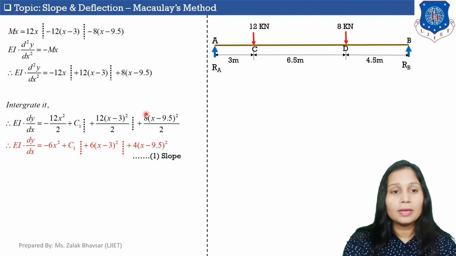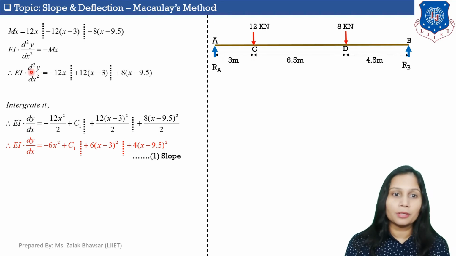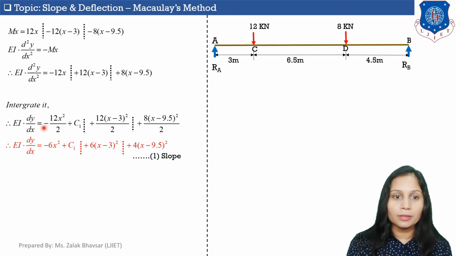If we integrate this differential equation, then we will get EI times the integration of d²y/dx², which is dy/dx, equal to -12 times the integration of x, which is x²/2, plus C1.